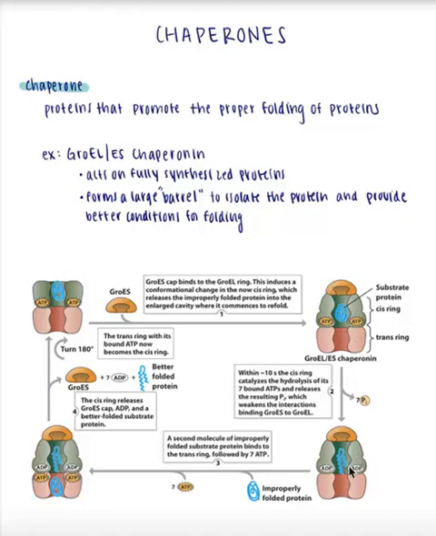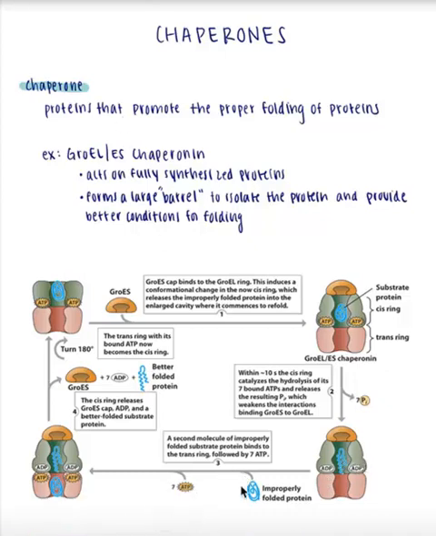Once it is nicely refolded into the way it should be, ATP is going to get hydrolyzed, and that's going to weaken the complex in terms of the binding between the cap and the cis barrel.